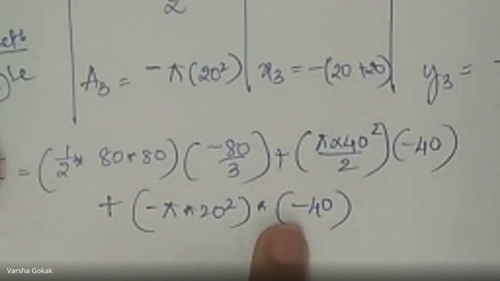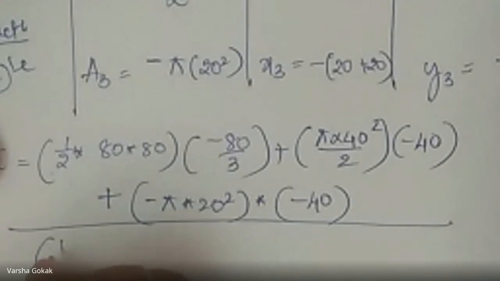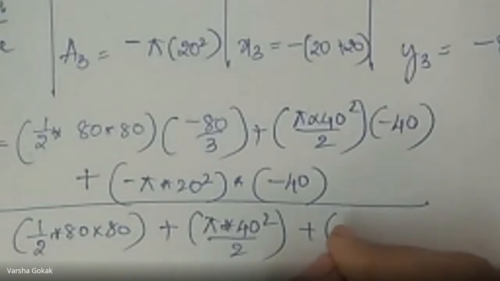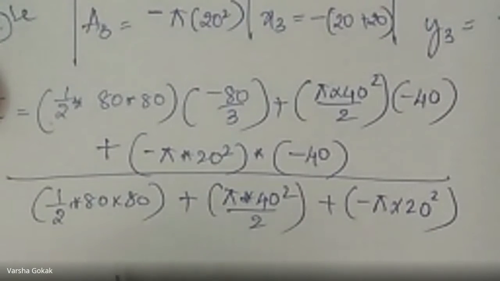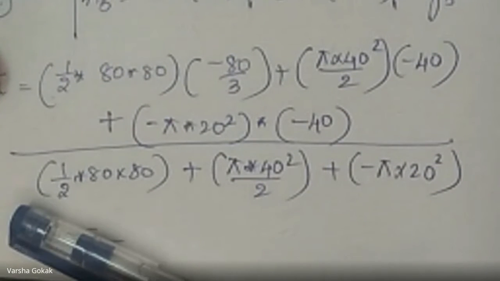See, I have put the minus signs in the brackets. The entire thing divided by the total area, that is half 80 into 80 plus pi into 40 square by 2 plus minus pi into 20 square. Please calculate and get me the value of x bar. Everyone has to do.